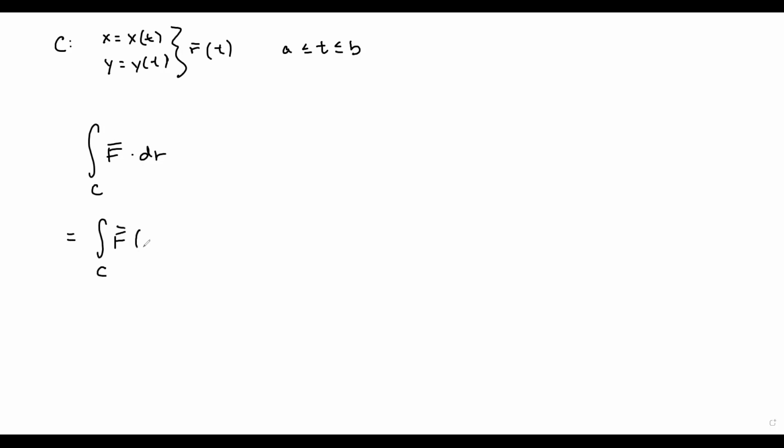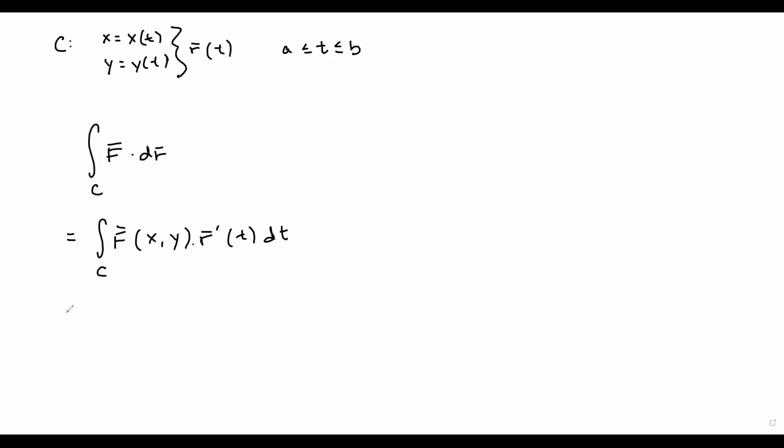So we'll have F, this is F of x comma y. That's just rewriting this in a longer format. And then dr is the derivative of r, so that's r prime of t dt. That's just taking the shorthand form and breaking it out into this longer version.